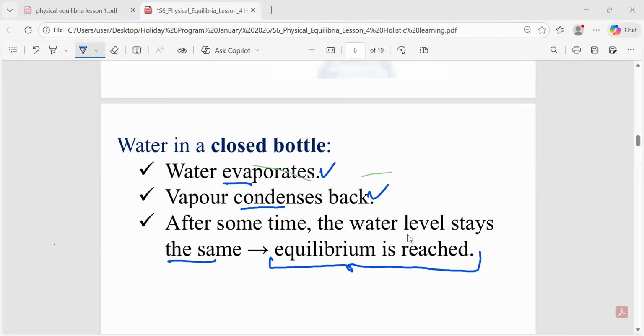When the outside temperature is changed, maybe increased, the bottle itself is made up of particles. Those particles will conduct that heat. Remember, particles conduct heat by what? By vibrating.